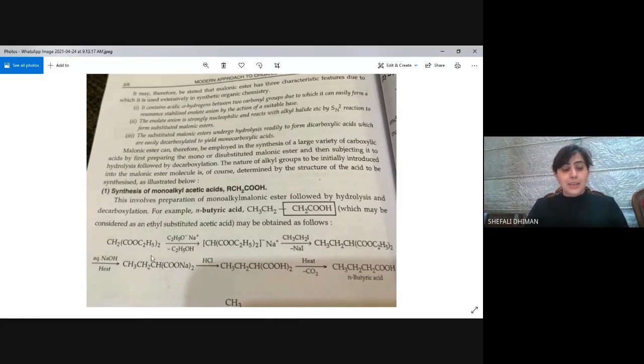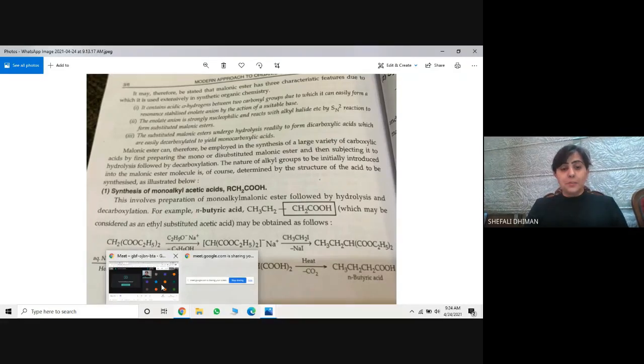On reacting with a base, it forms an anion, and that anion undergoes an SN2 type of reaction to form a substitution product, which can easily undergo hydrolysis to form my desired product. In this case, it is a monocarboxylic acid.